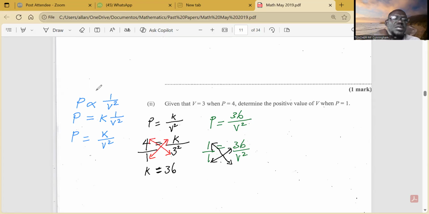Cross multiplication means multiplying diagonally. 1 by V squared, 1 by 36. So V is equal to the square root of 36. So V is equal to 6.